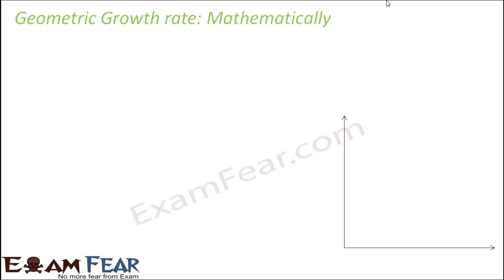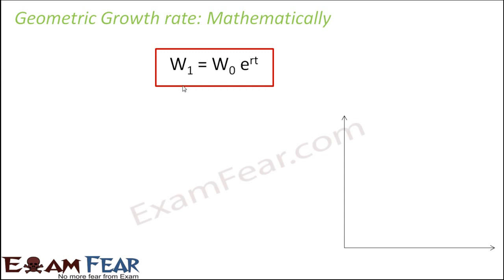So let us see geometric growth rate mathematically. As I said, here the growth happens exponentially. So therefore it is represented as Wt is equal to W0 e to the power rt, where W represents the size. So this represents size at time t.